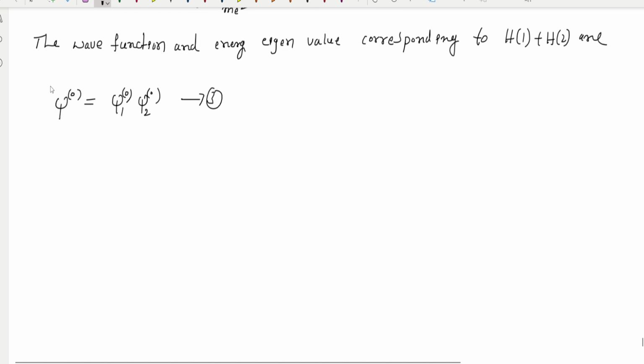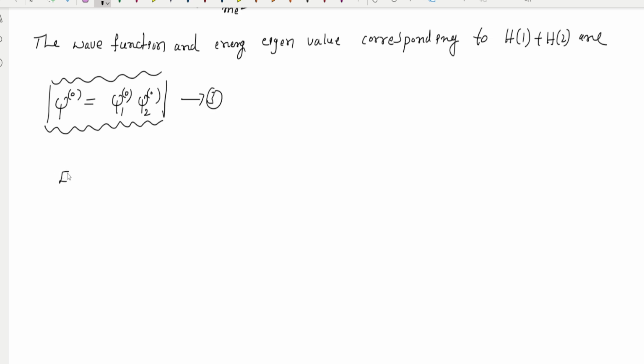So if you observe clearly here, the total wave function of our Hamiltonian, the ground state of helium atom Hamiltonian, and the total eigenvalue of the ground state helium atom is E1 plus E2. Energy must be added, right?